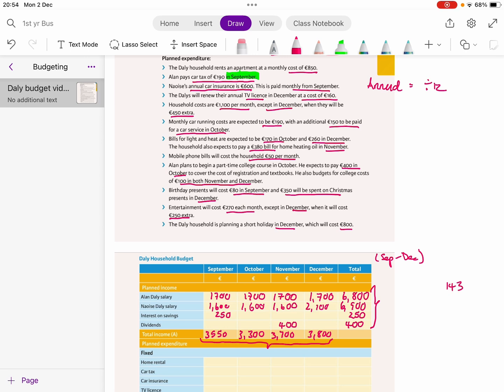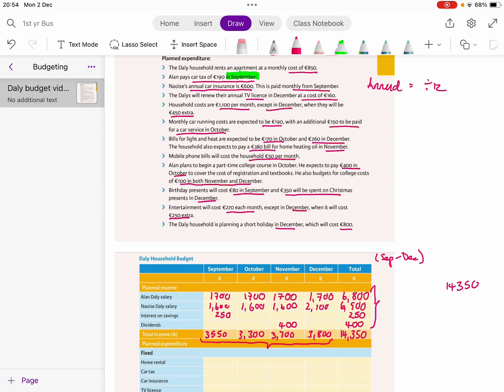So 14,350, and then when I add across, I'm hoping that I'll get the same, and I do. So that means that that figure should be correct. So that's 14,350. And now that I have that part done, I'm going to move on to my expenditure figure.